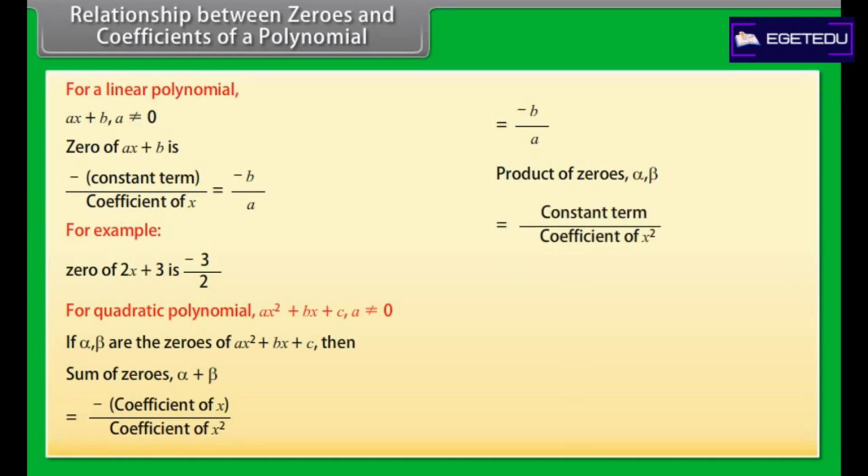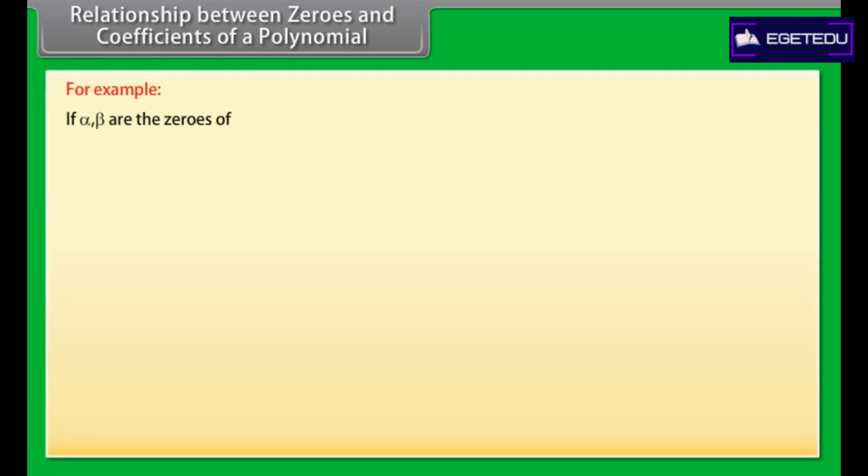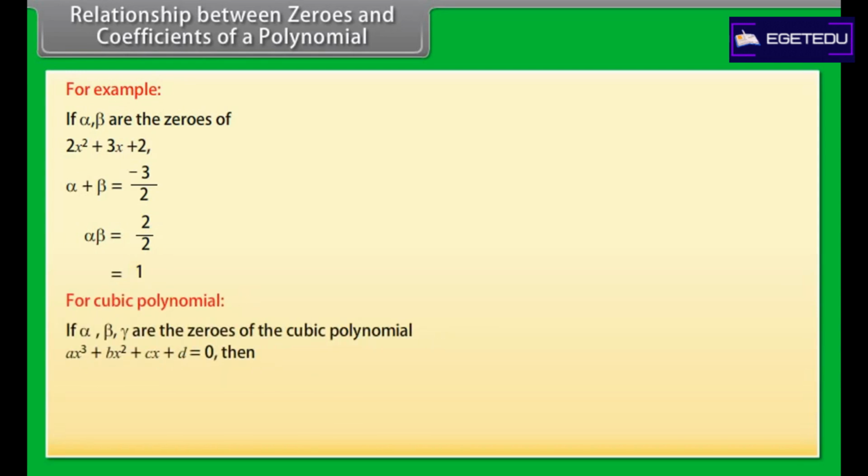For quadratic polynomial ax² + bx + c, a is not equal to 0. If α, β are the zeros of ax² + bx + c, then the sum of zeros, α + β, is equal to −coefficient of x/coefficient of x², which equals −b/a. The product of zeros, αβ, is equal to constant term/coefficient of x², which is c/a.